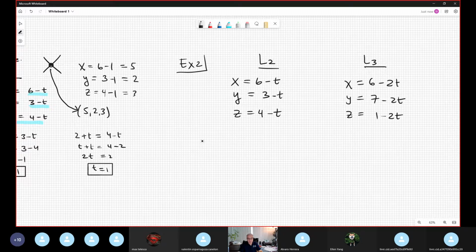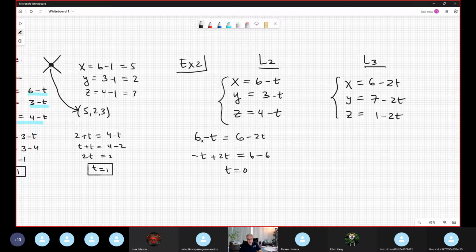I take the first equation and set it equal to the first equation in the other parametric set. I try to do my best. Minus t stays here, plus 2t equals 6 minus 6. And this is t equals 0. Okay, 0 is a valid value.